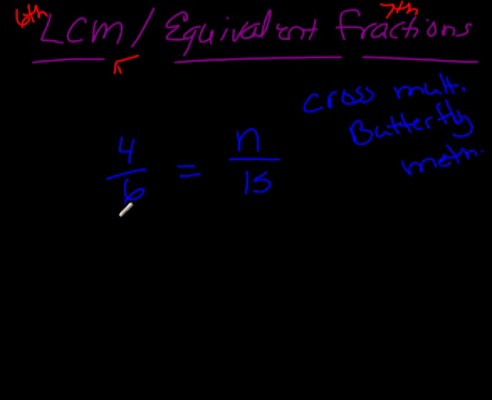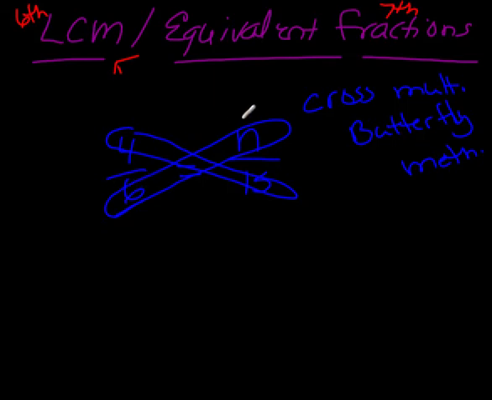Now with the butterfly method, we're going to draw, basically, almost like butterfly wings. So you're going to draw little butterfly wings around your numbers to form an X. Notice that the denominator is with the unknown number and the 4 is with the 15. So I'm going to start by taking this equal sign and bringing it down.